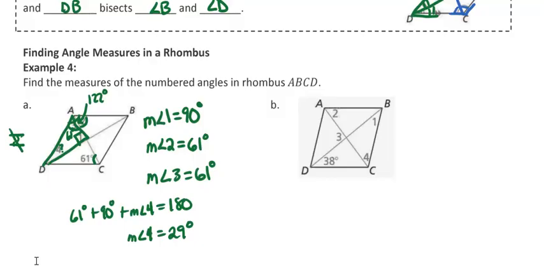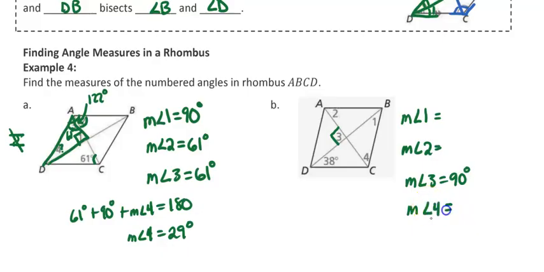Okay, let's try example B. Same exact thing, we're going to figure out the different angles. The first thing I noticed, since they told me it was a rhombus, is that the diagonals are perpendicular, meaning they make a right angle. So angle 3, I'm just going to list them all off here. Angle 3 is 90 degrees because the diagonals are perpendicular by the rhombus diagonals theorem.